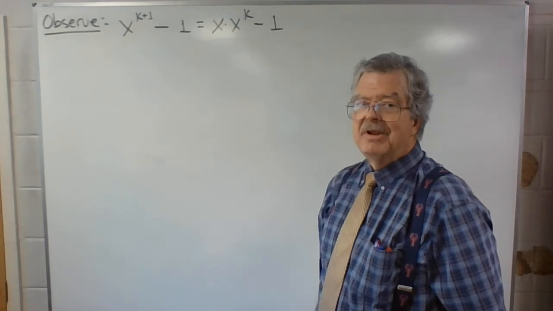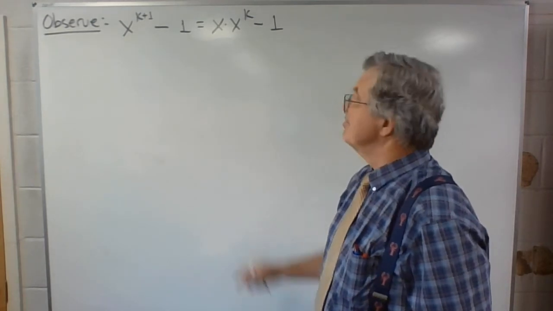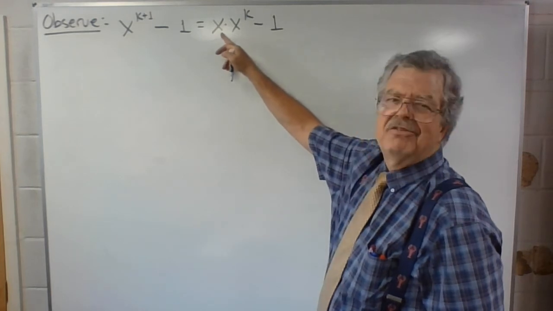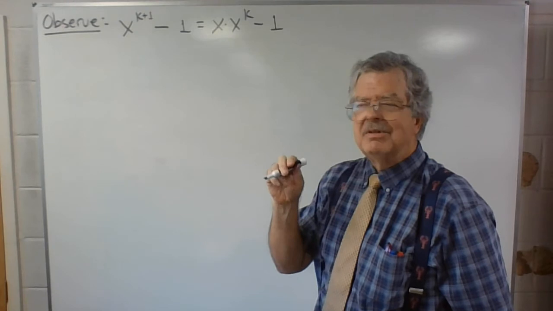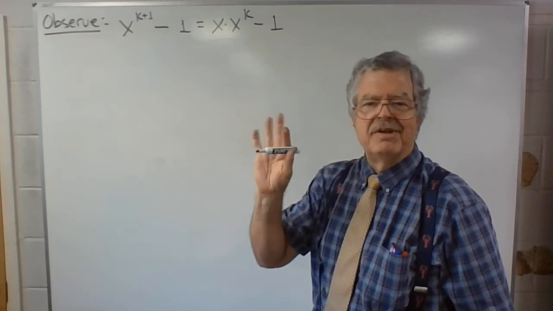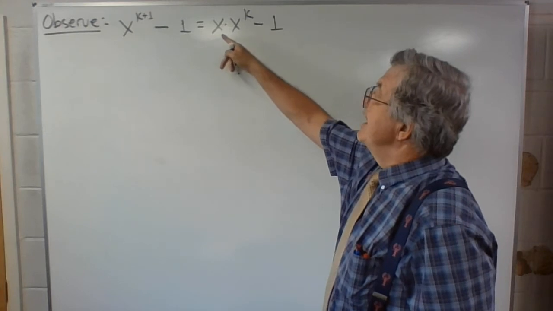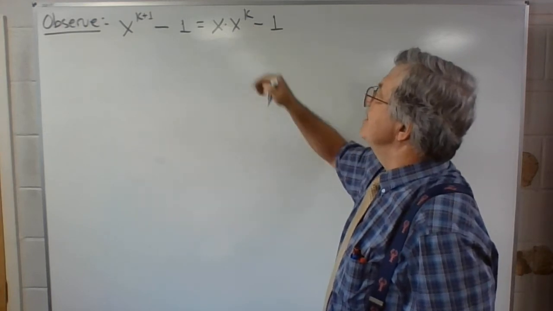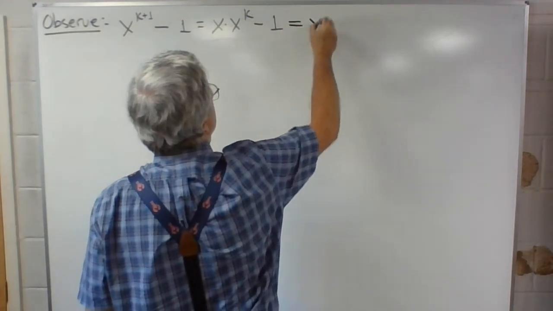You know what would be really nice is if somehow I could have x - 1 here instead of just x. But we'll settle for small victories at first. I have x times x^k - 1. And here's what I think I'll do.